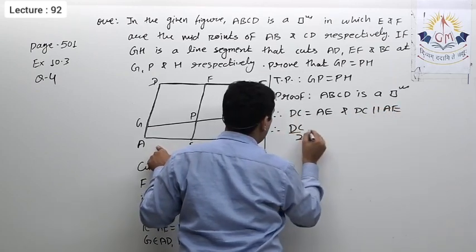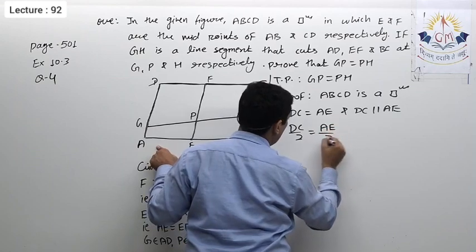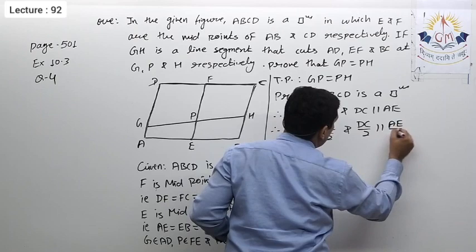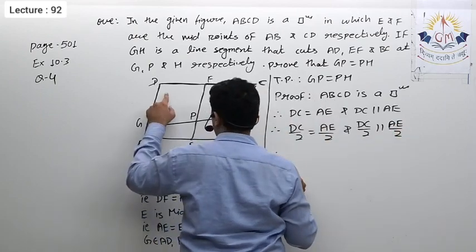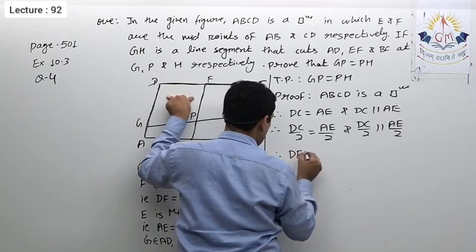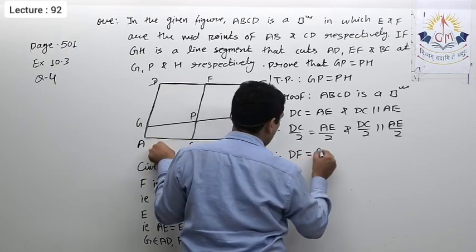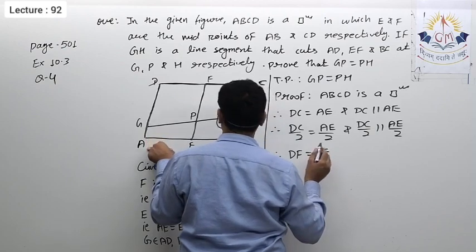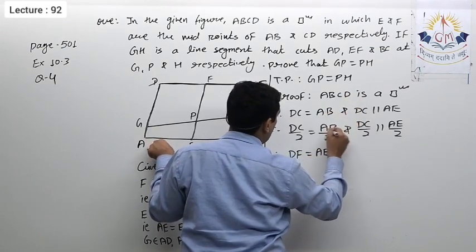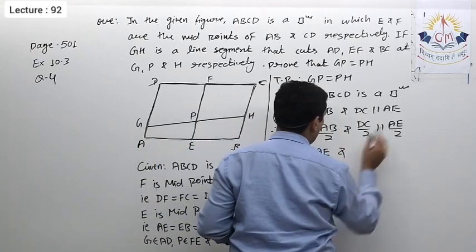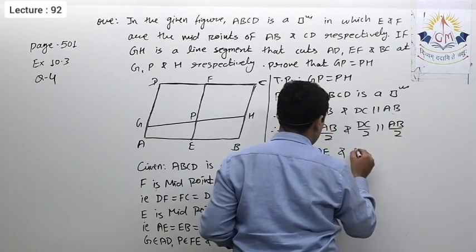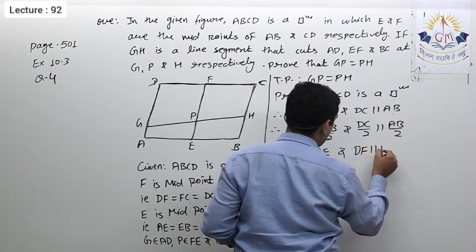Therefore, DC by 2 equal to AB by 2 and parallel. Now DC by 2 is DF and AB by 2 is AE. So DF equal and parallel to AE.